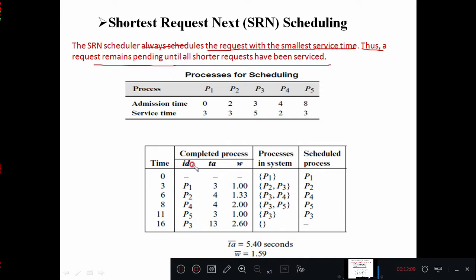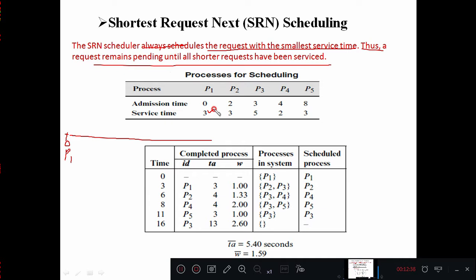At t equal to 0th second, again I will draw that timing diagram here. At 0th second, the process P1 is entering the computer system. Its service time is 3, and we don't have any other process in the computer system.